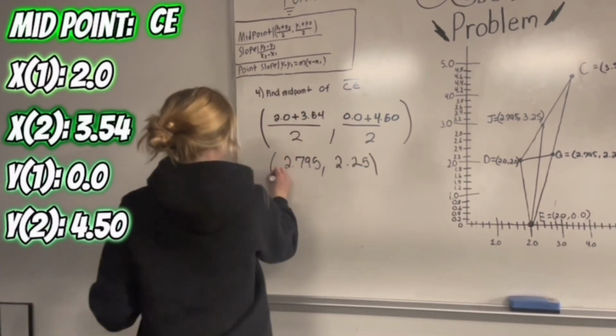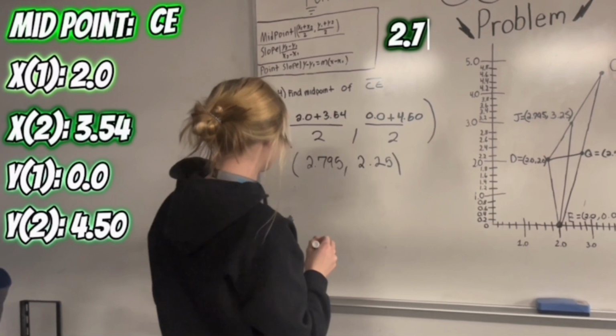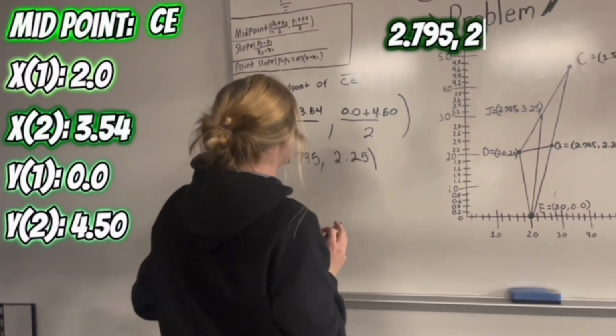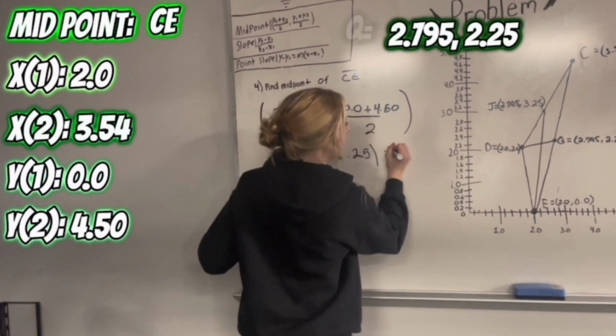For our midpoint, we got 2.795 and then 2.25, which we're going to label as Q.